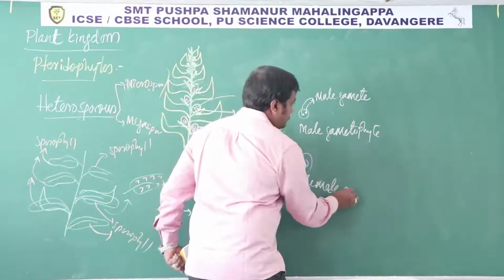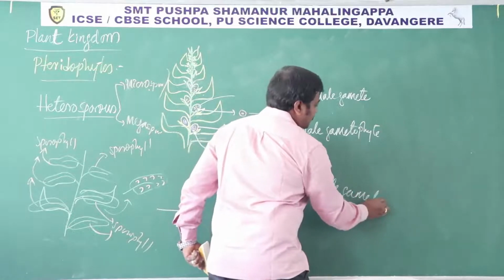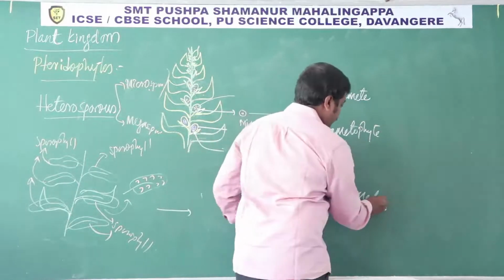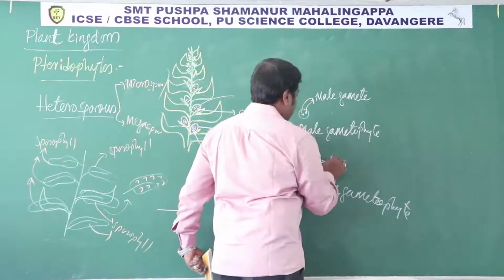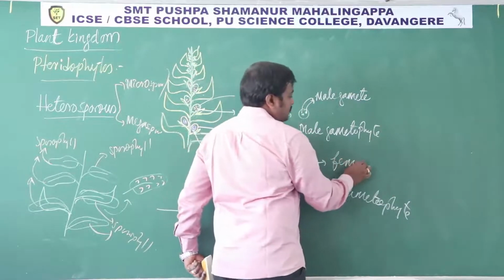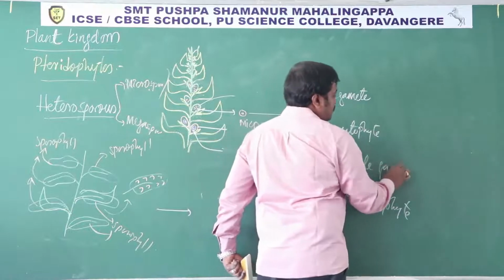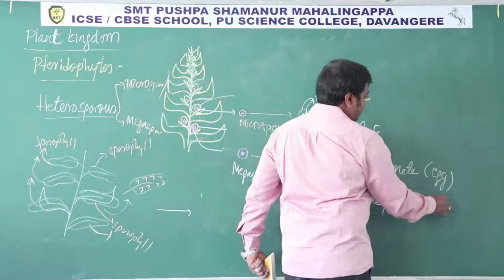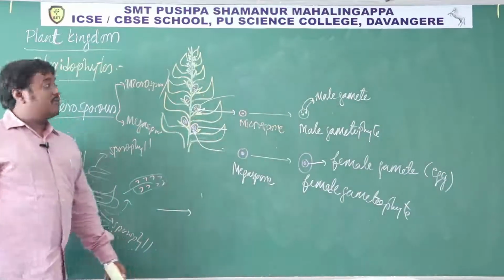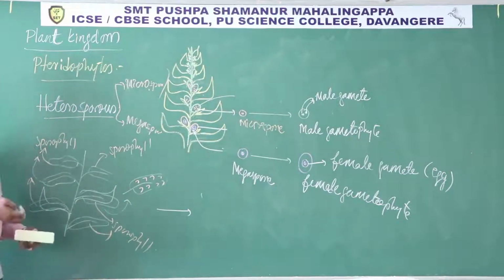So this is the female gametophyte, which contains the egg. Okay, now you got the difference.